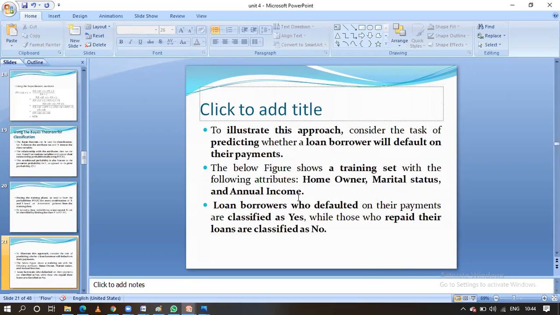Finally, whether they are going to pay the loan in time or not. These are the different attributes that will be in the training set. To explain this, we have taken this training data set. It contains the different attributes like homeowner, marital status, annual income, as well as loan defaulter information.